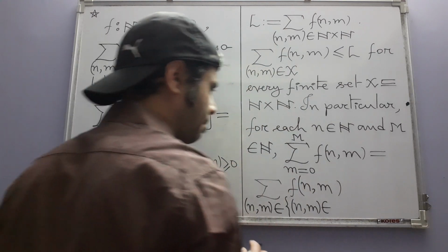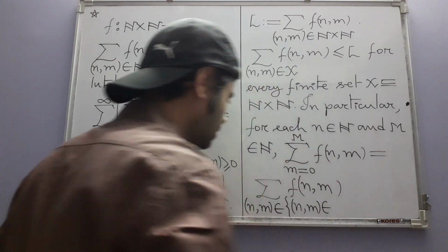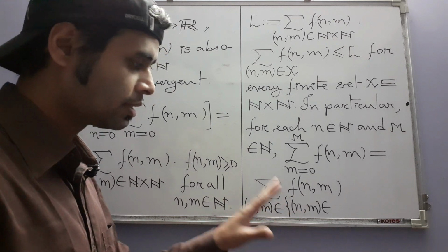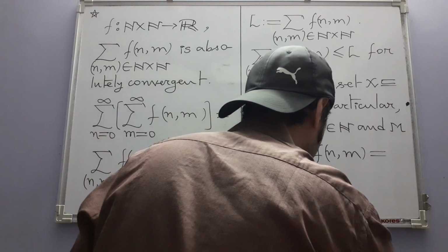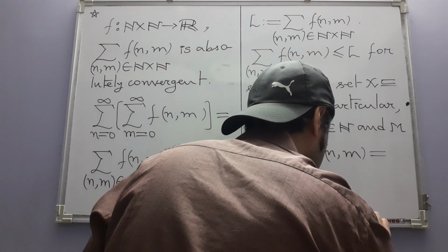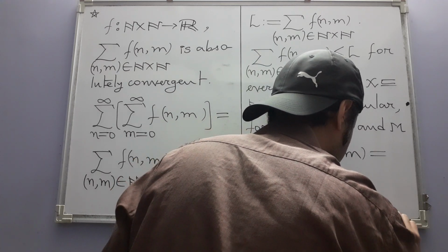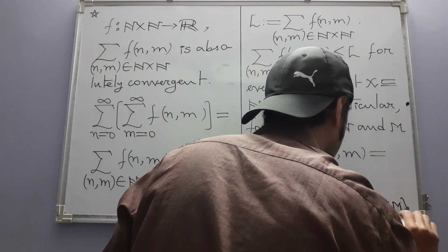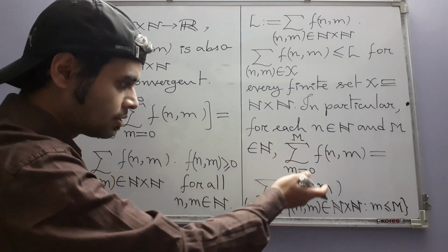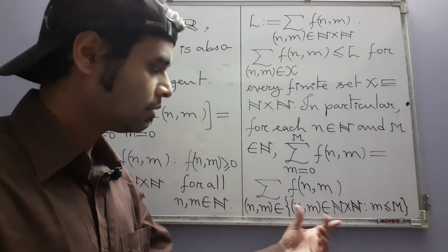Although we write n comma m, really m is the thing that is changing, n is not changing. So I can write it like this: n Cartesian product the naturals, such that m is less than or equal to capital M. You can clearly see that this finite series is actually the same thing as this sum, and here we do not say anything about n inside this set.